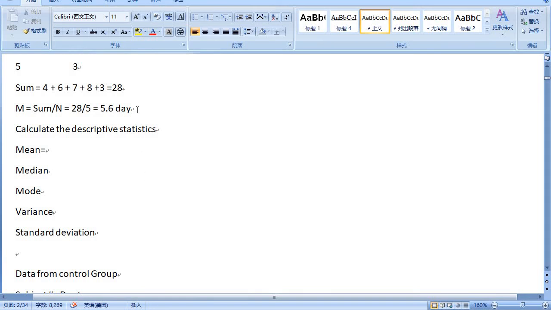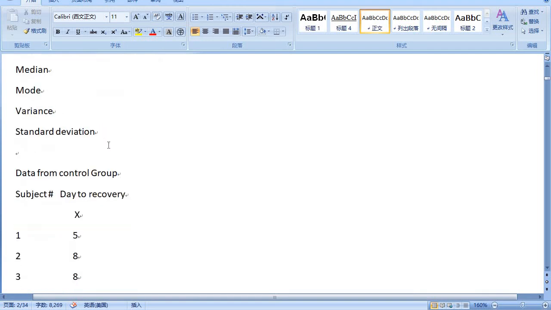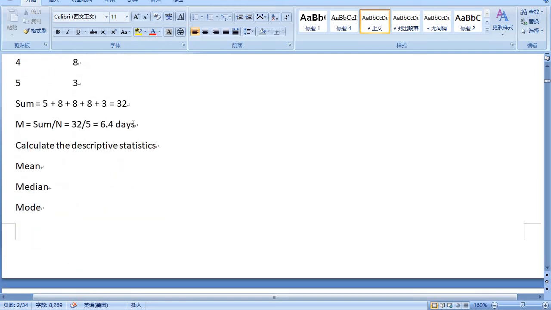Well, there is indeed a difference between the two groups, 5.6 days versus 6.4 days, but this might not be caused by your medication. How do you complete this counter-argument? What's your criticism? What's your alternative explanation for why there's a difference in the days it took the two groups to recover?